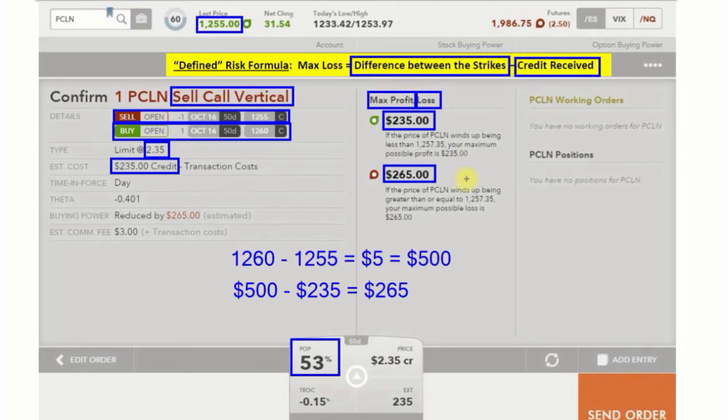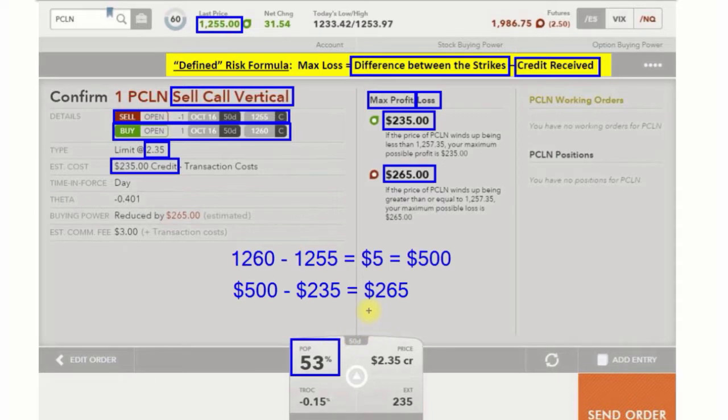And again, this plays out into our rule number 1 with trading, which is if you can lose more than you can win, which you can in this case, right? You can lose $265 and the most you can make is $235, so you can lose more than you can win. Our POP has to be above 50%, and it is. It's 53 in this case.